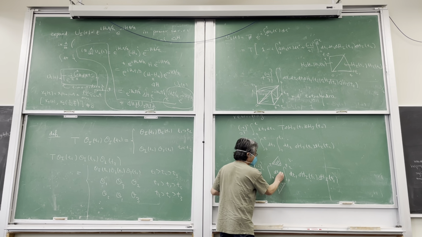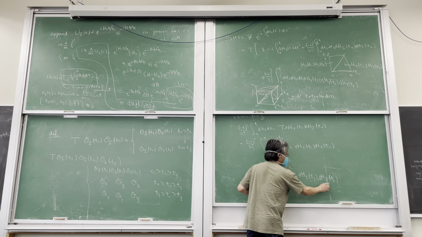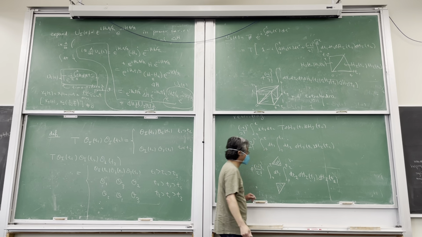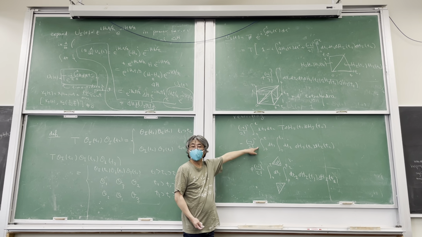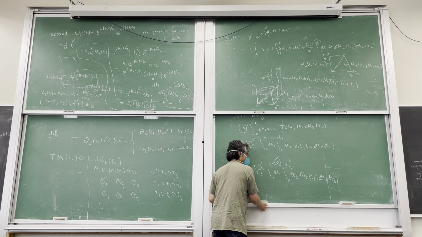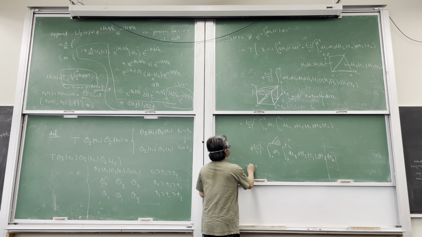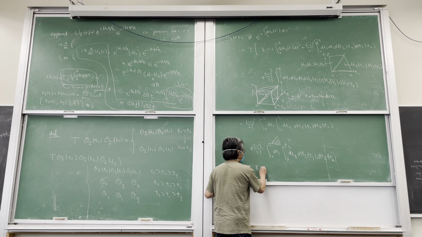Then this t2 is now t1, t1 is t2. Once I do this, this is exactly the same as that one. So at the end of the day, instead of dividing everything into 2 triangles or 6 tetrahedra, you can just pick one of them.